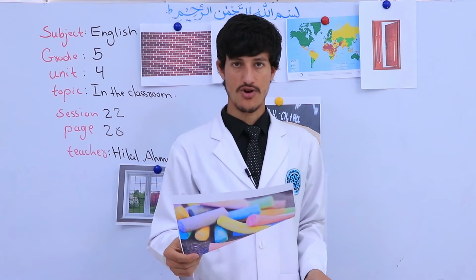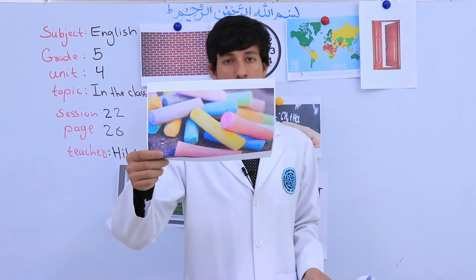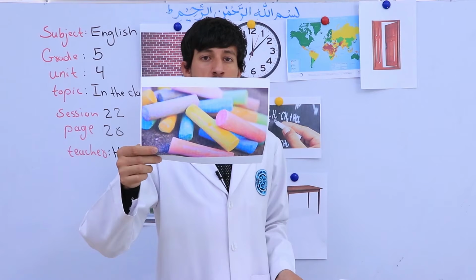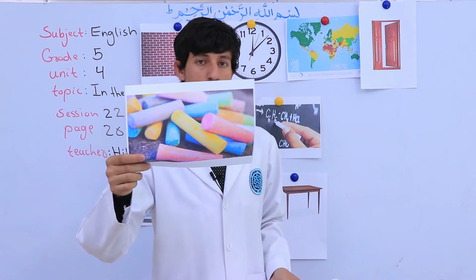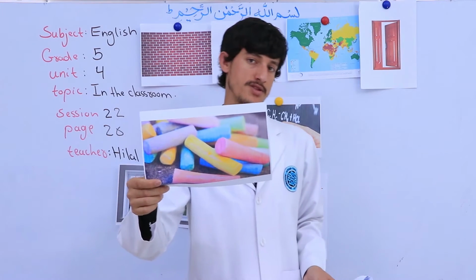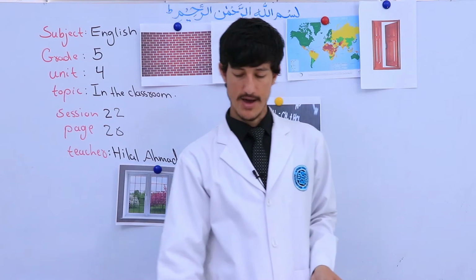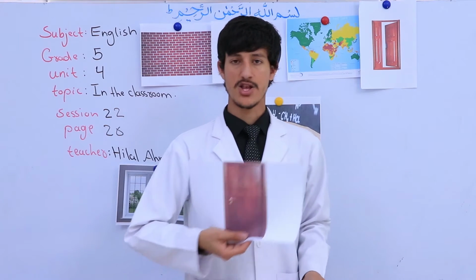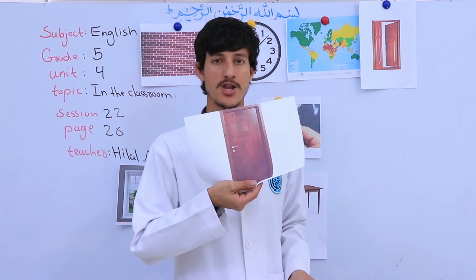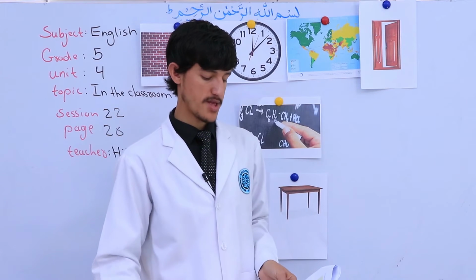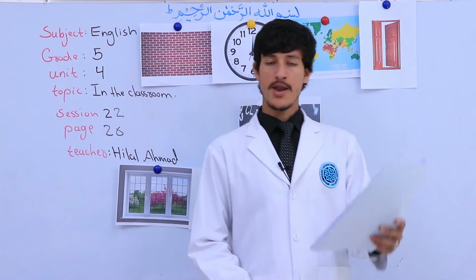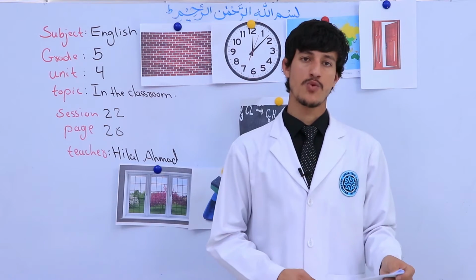It's a chalk. What are these? When it is plural, what are these? They are chalks. Right, and the next is like, what is this? It is a door.